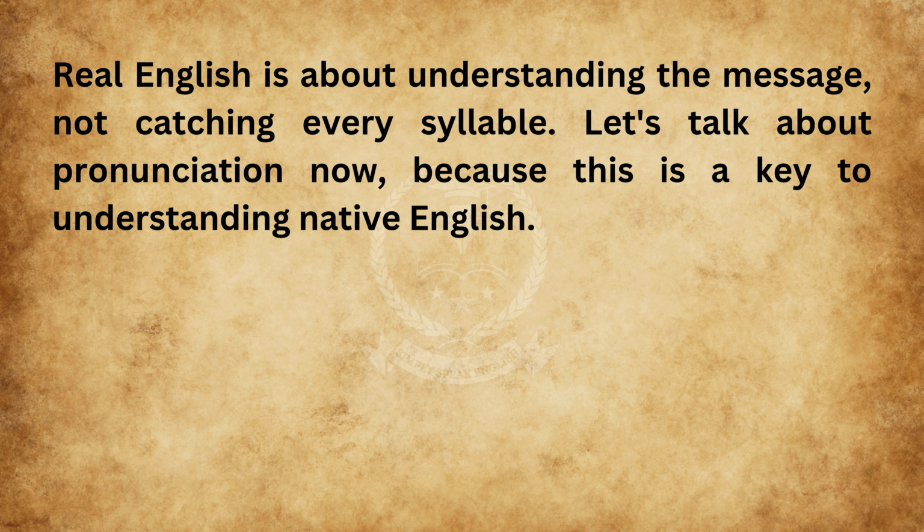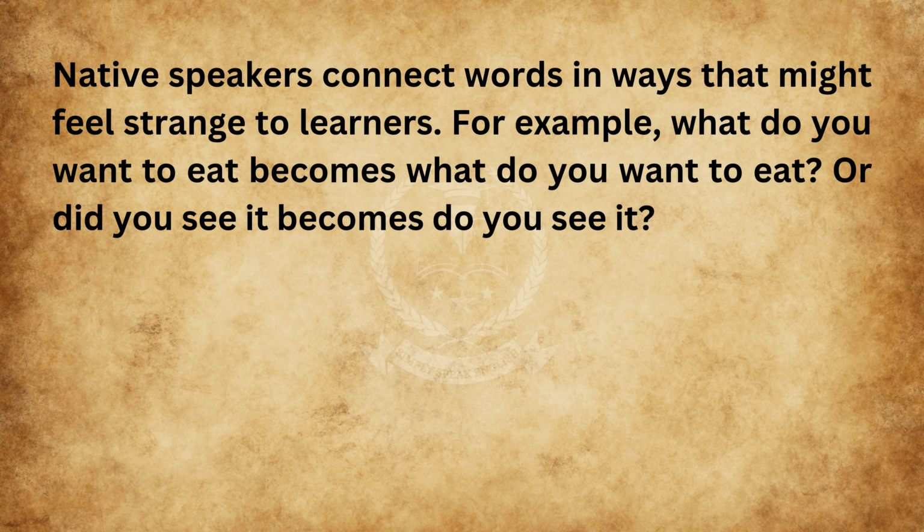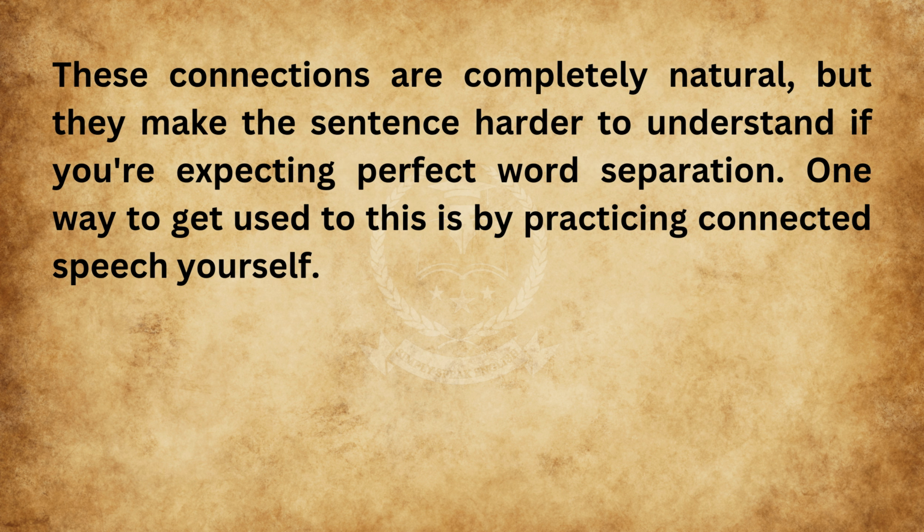Let's talk about pronunciation now, because this is a key to understanding native English. Native speakers connect words in ways that might feel strange to learners. For example, what do you want to eat becomes, what do you want to eat? Or did you see it becomes, do you see it? These connections are completely natural, but they make the sentence harder to understand if you're expecting perfect word separation.